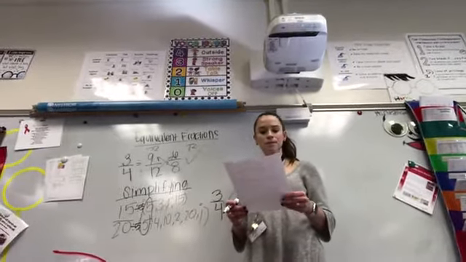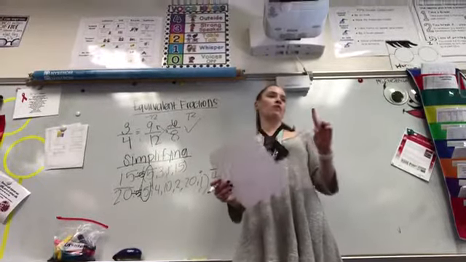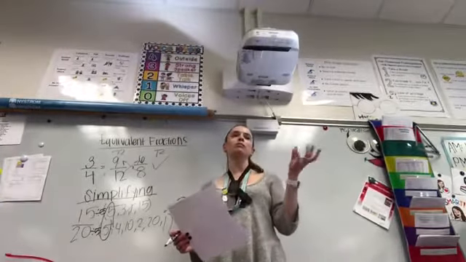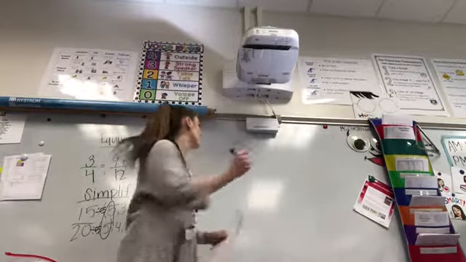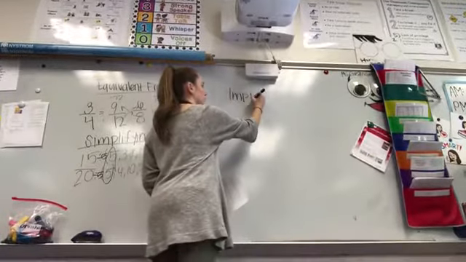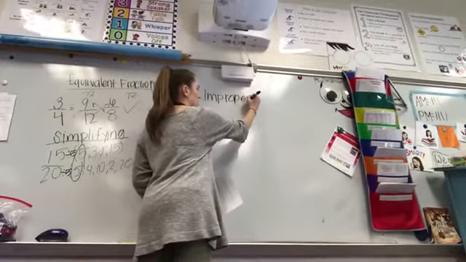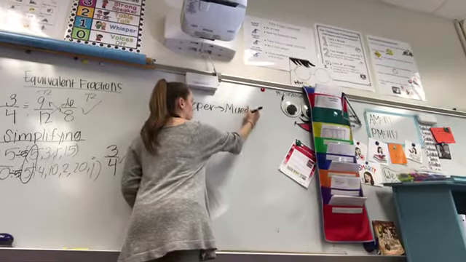Okay? All right, now we're going to talk about 2 skills, one of which you probably have already learned about. The other one, maybe not. Let's start with changing improper fractions into mixed numbers.